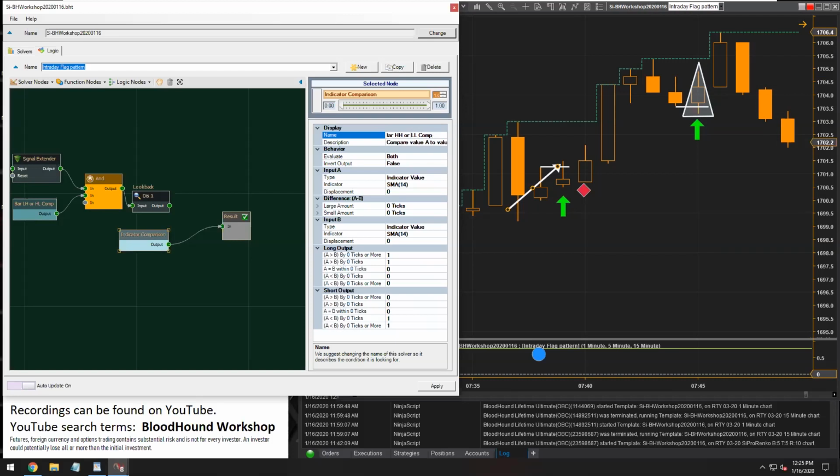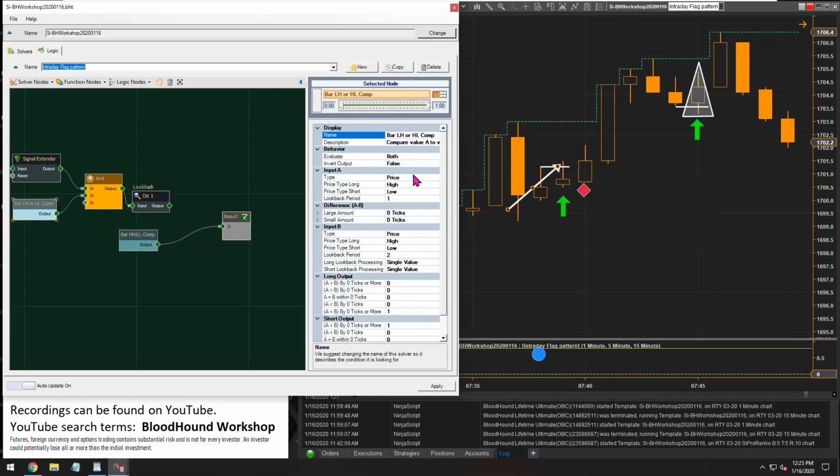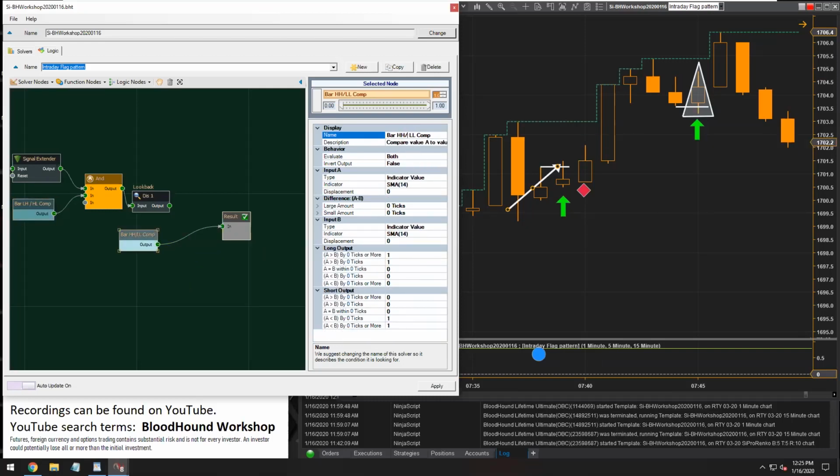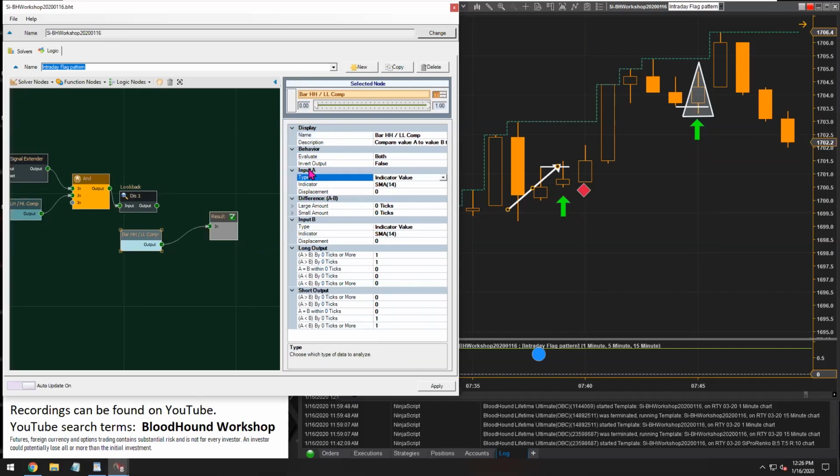And actually, I'm going to adjust the names here. So that's my typical naming convention here. So there. All right, so higher highs and lower lows. So again, we're going to set input A and input B. Those are going to be bar prices, right?